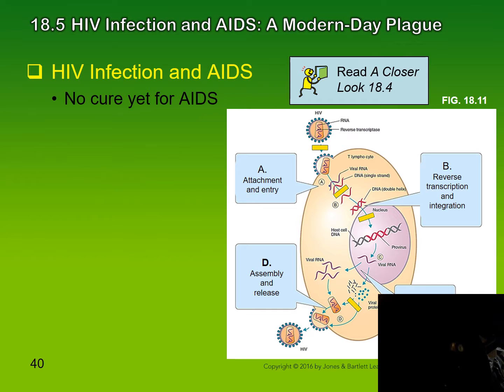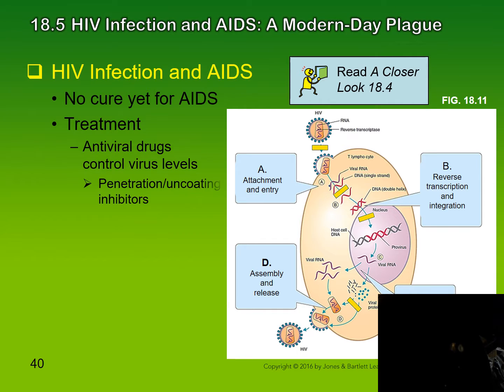So as of now, we have no cures yet for AIDS, and you can sort of prolong how long you're going to survive with antiviral drugs to keep the virus level in control.